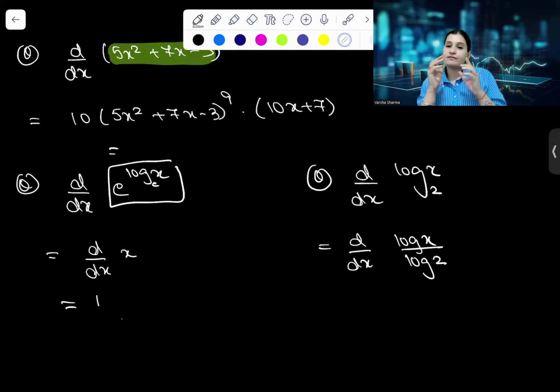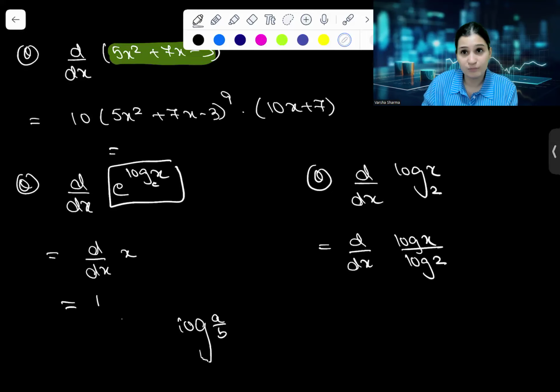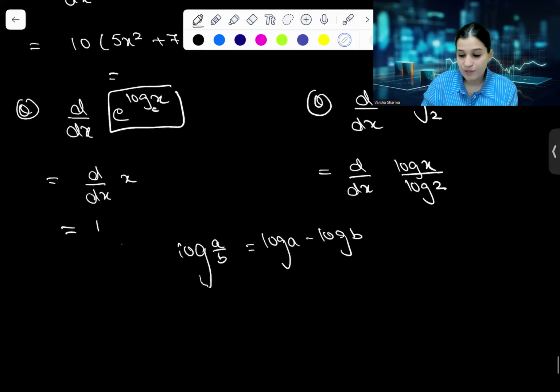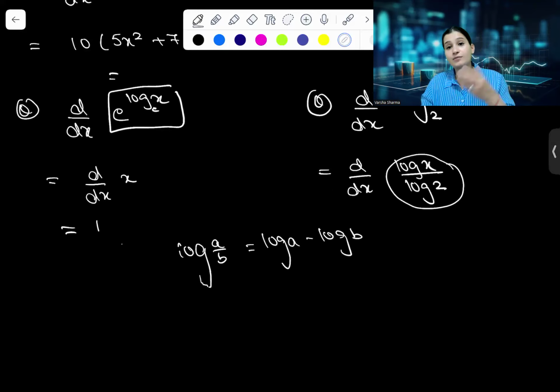Ma'am, but log A minus log B is log A by B. That was different. This one is log a minus log b. Ma'am, is this the change of base rule? Yeah, change of base rule. Okay, ma'am. And there was one more, that if you reciprocate, it gets shifted.